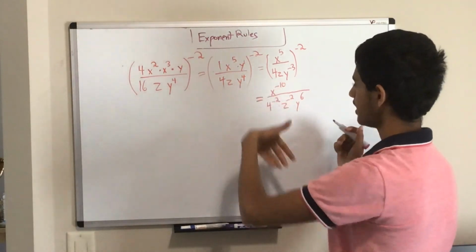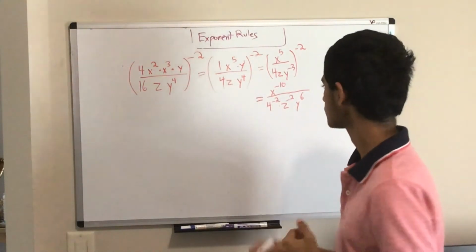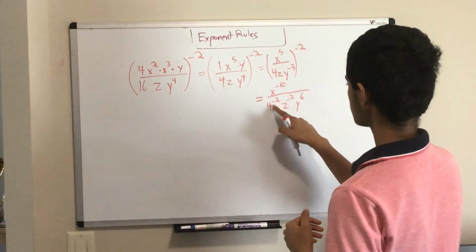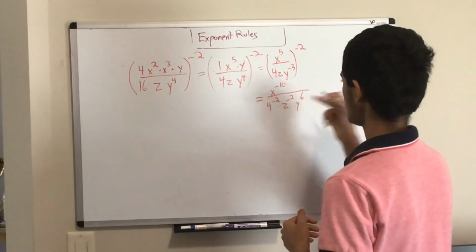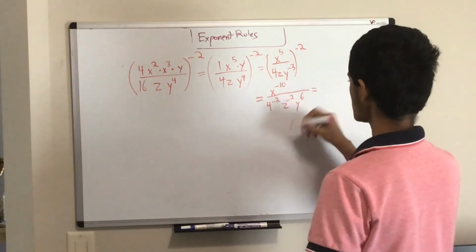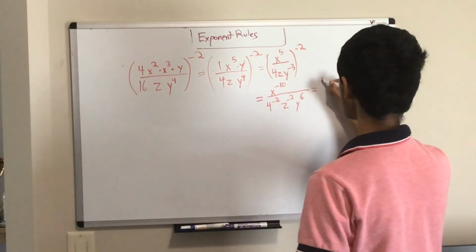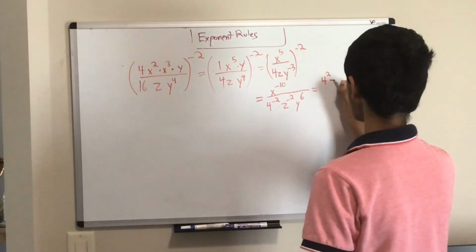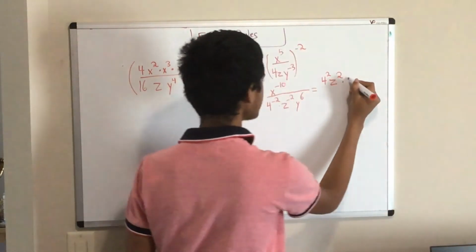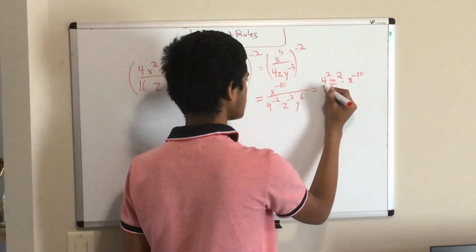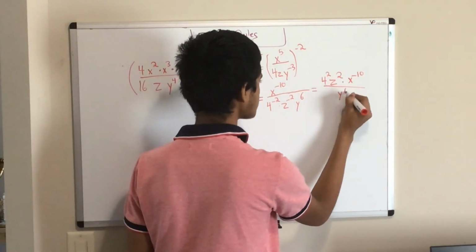We see there's a lot of negatives, meaning that a lot of things need to be flipped around. First of all, 4 to the power of -2 needs to be flipped around, and z to the power of -2 needs to be flipped around. Flipping both of those gives us 4 squared times z squared times x to the power of -10 divided by y to the power of 6.